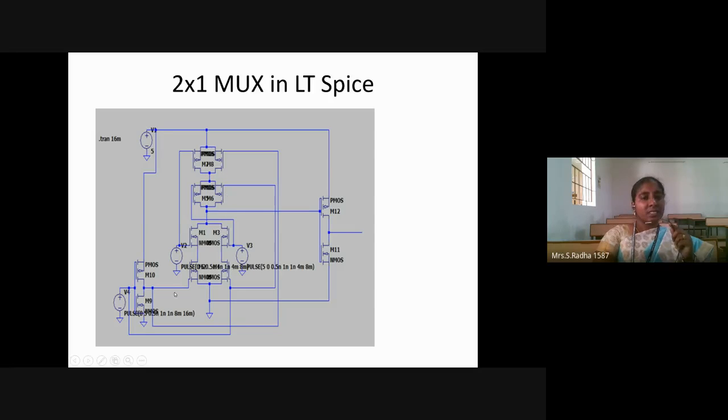Whatever input D0 I am giving here, the same input D0 I am taking here. Whatever input S bar I am giving here, the same input I am taking to this right side transistor.